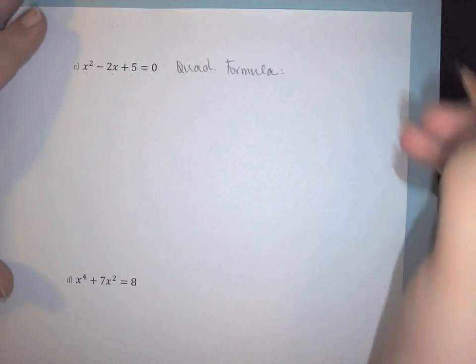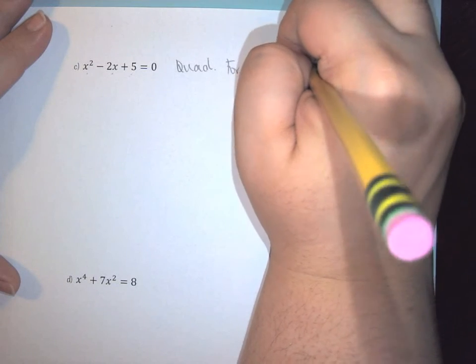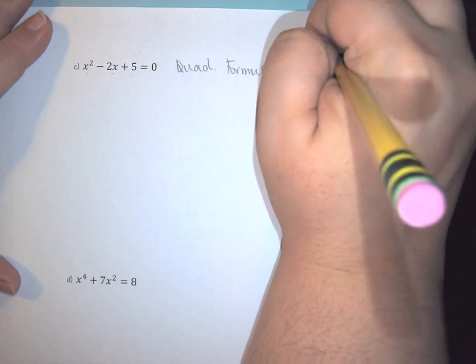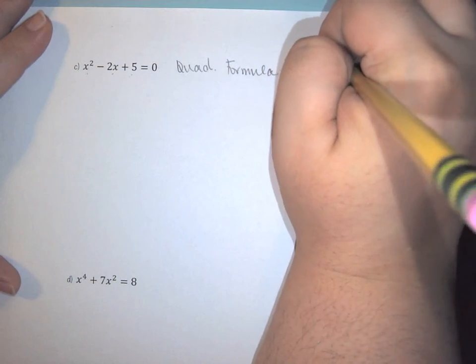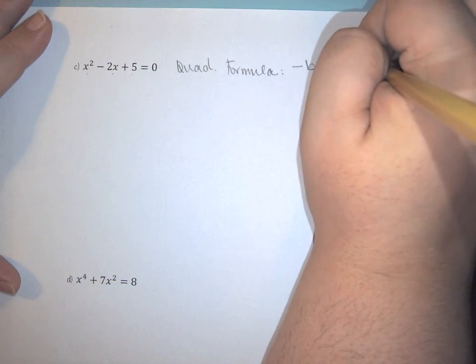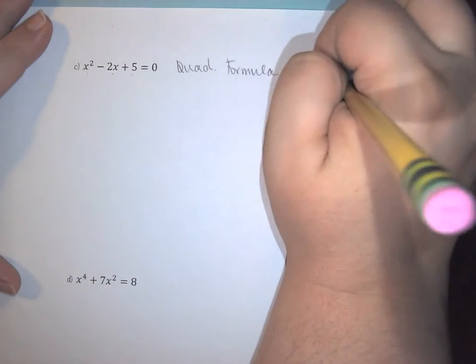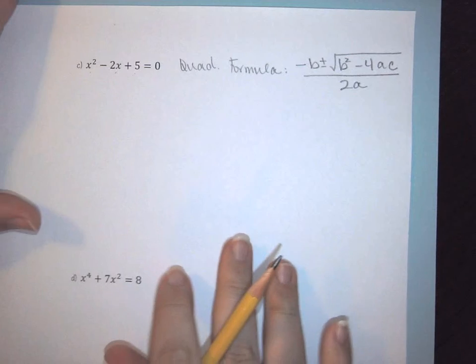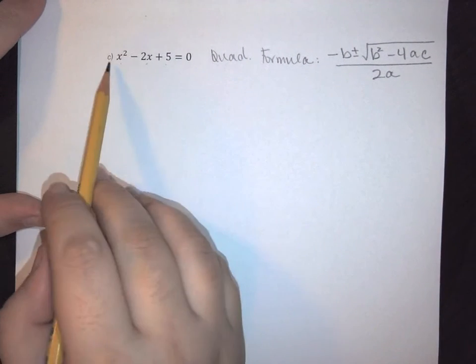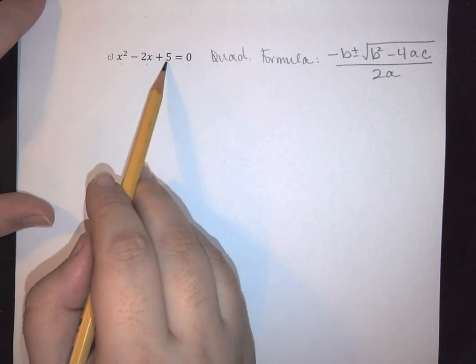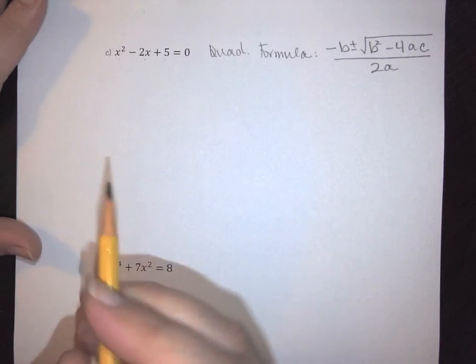Anybody who's forgotten the formula, remember it's negative b plus or minus the square root of b squared minus 4ac all over 2a. What you're simply going to do is pull your coefficients off of a, b, and c, plug them in, and solve.